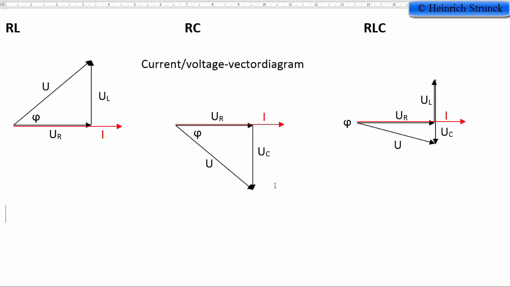Same story for the capacitor and resistor, and over here we have the combination of resistor, inductor and capacitor.